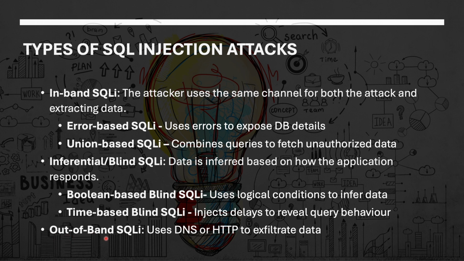And at last, we have out-of-band SQLi, which is used when none of the others work. In out-of-band SQLi, the attacker sends data via different channels like DNS or HTTP to exfiltrate data. While each has its unique characteristics, all can be devastating if not addressed.